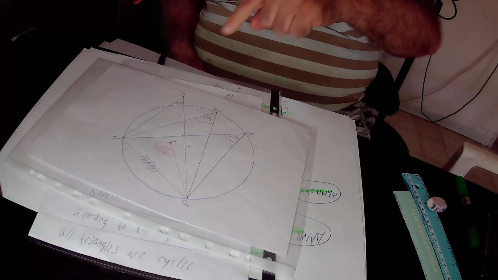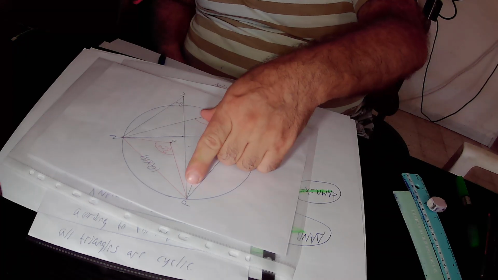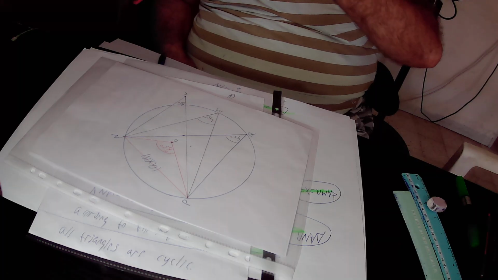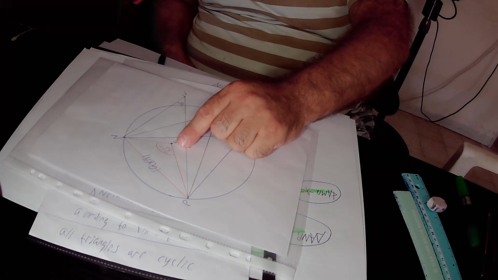Likewise, this is angle NOP that subtends on chord NP. The size of angle NOP is 85 degrees.